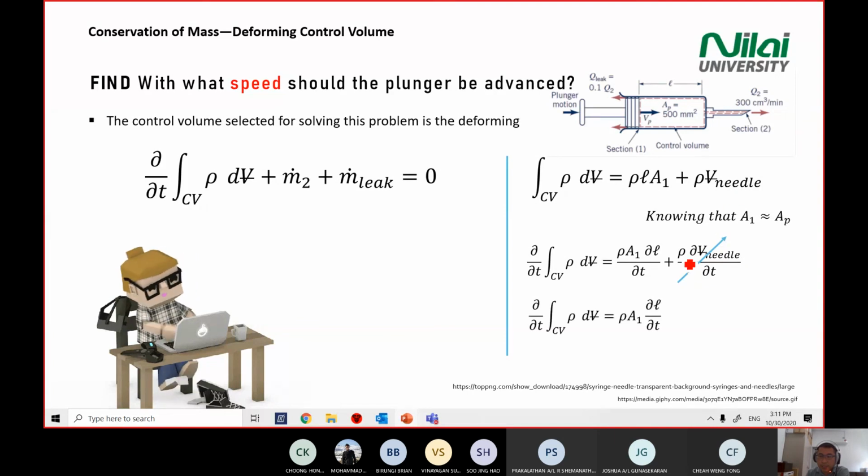In this case, why do we cancel out the term for the needle here? Because it's very, very small, right? Rho, del volume by the needle, and the change of time. This one is considered very, very small. So we can cancel it out, right?